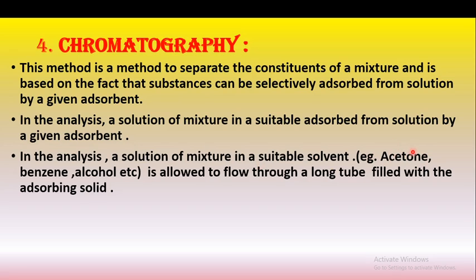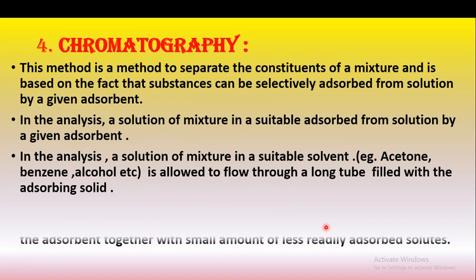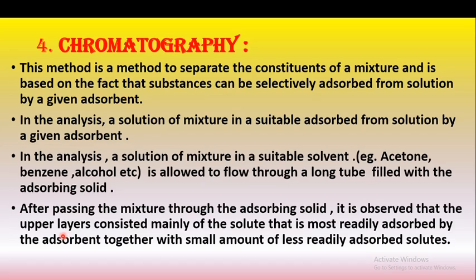The solvents used are acetone, benzene and alcohol, and the solution which we have to analyze or separate is then passed through that long tube containing the adsorbing solid. And after passing the mixture through the adsorbing solid, it is observed that the upper layer consists mainly of the solute that is more readily adsorbed by the adsorbent, together with a small amount of less readily adsorbed solute.